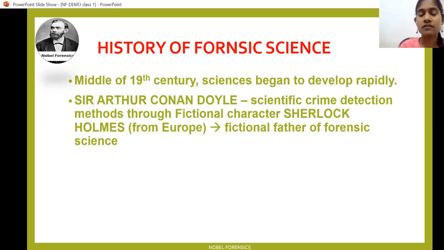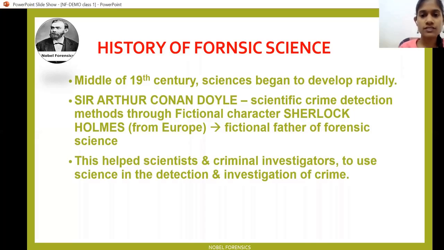His fictional stories helped the scientists to carry out investigation using scientific techniques.